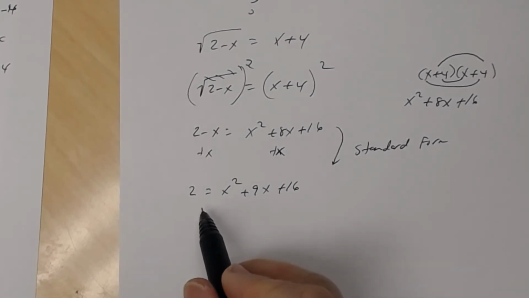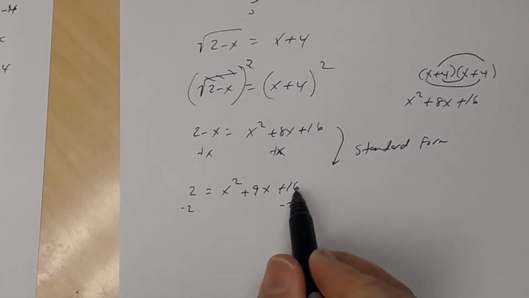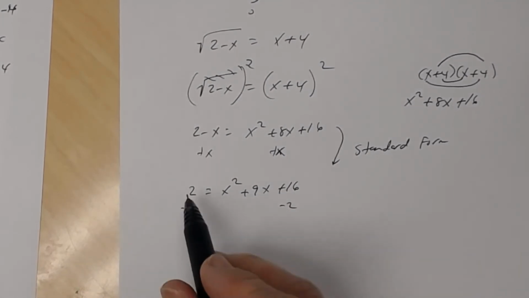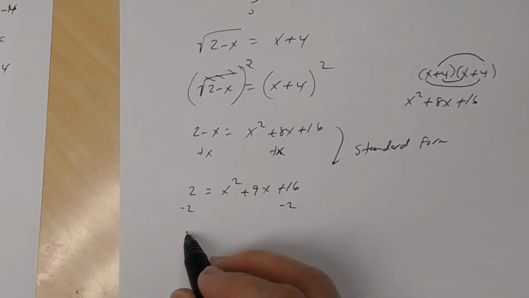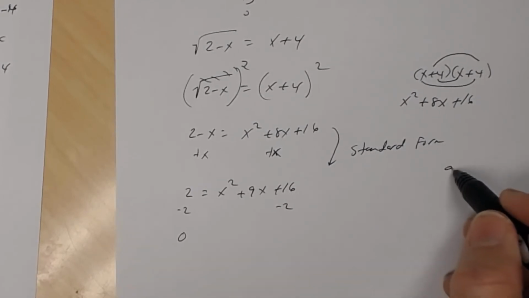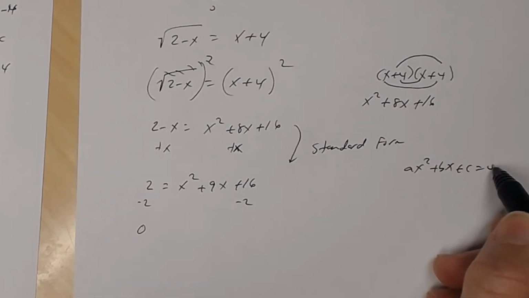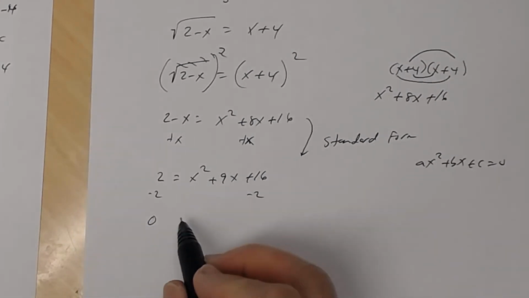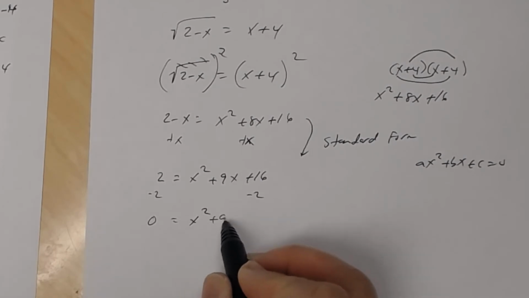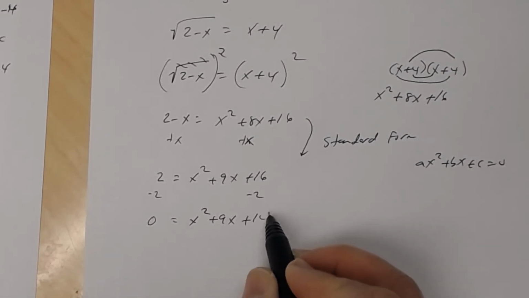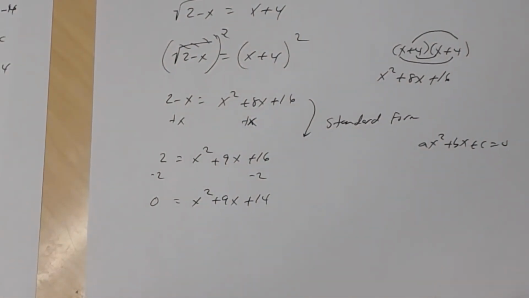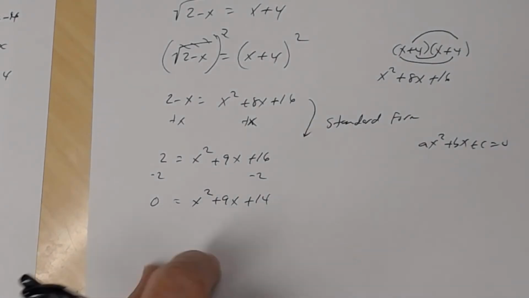Then I'm going to subtract 2 from both sides, again aligning my like terms, so I get 0, which is what I wanted. Remember, ax squared plus bx plus c equals 0, so I need 0 on one side. Equal x squared plus 9x plus 14. Okay? All right. Now I'm just going to go ahead and transpose both sides.